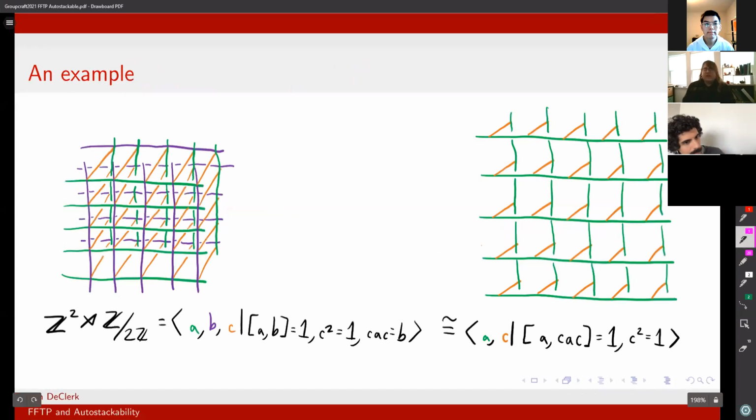And this really wants an example to look at. So here I've got the same group with two different generating sets. So we've got Z squared semi-direct Z mod 2Z. And over here on the left, I've got the standard 3 generating set.